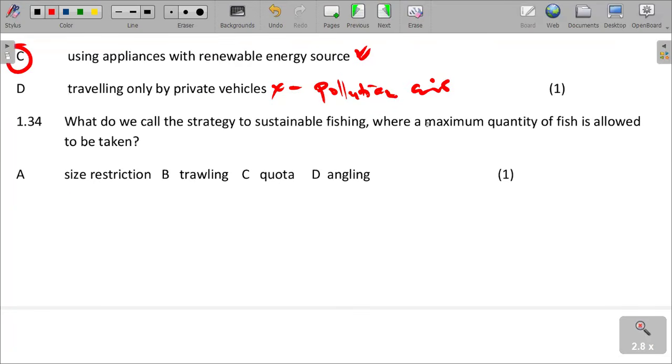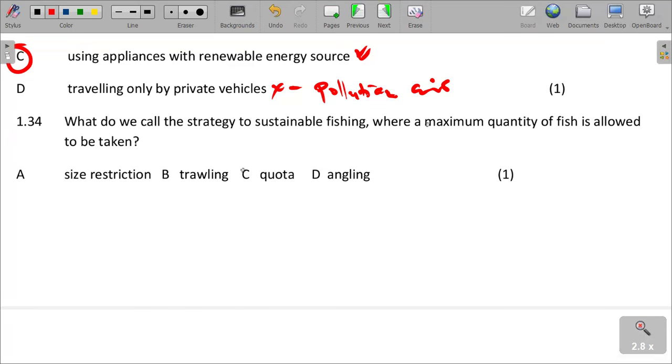What do we call the strategy for sustainable fishing, where a maximum quantity of fish is allowed to be taken? Taking a specific amount of fish, we call that quotas, a practice of limiting the quantities.